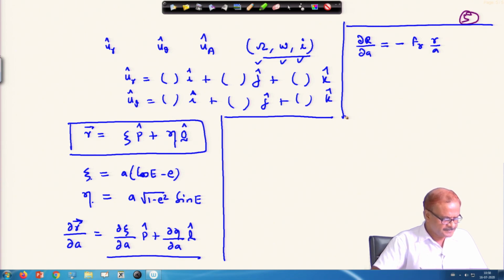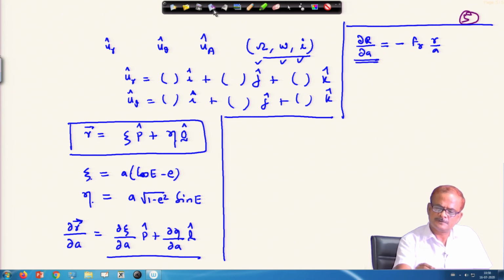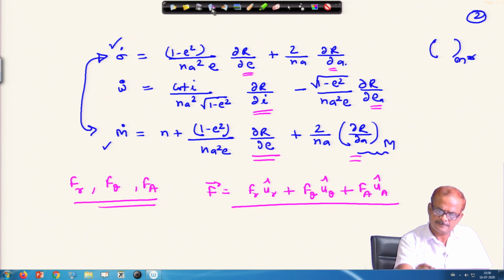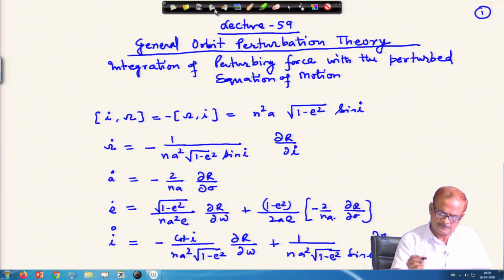Okay, so till this extent we have done last time. And where will this go? This will go into the equation we have written earlier, where ∂r/∂a appears. So in those places we need to insert it.